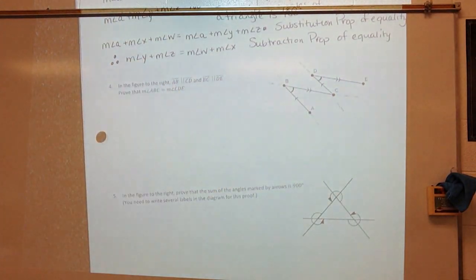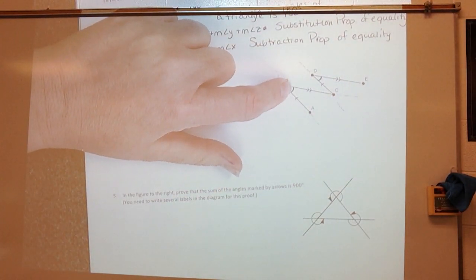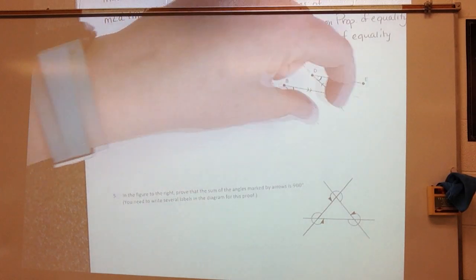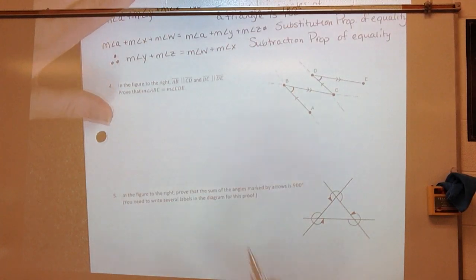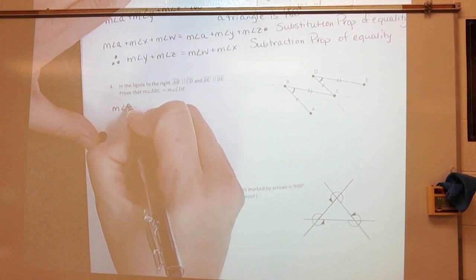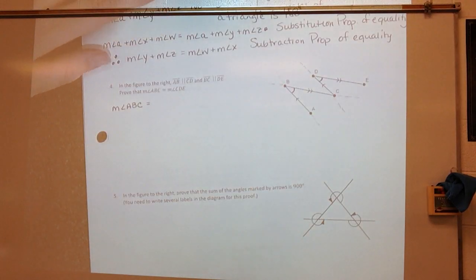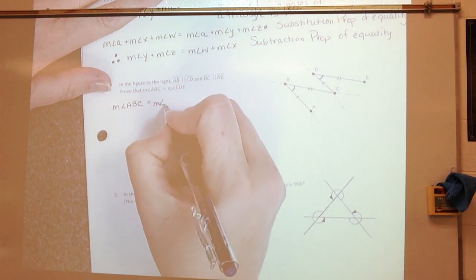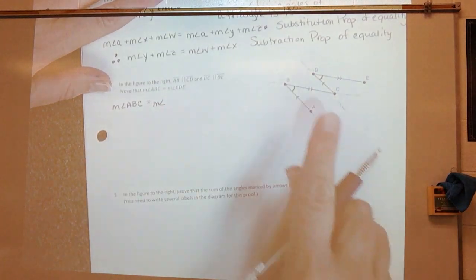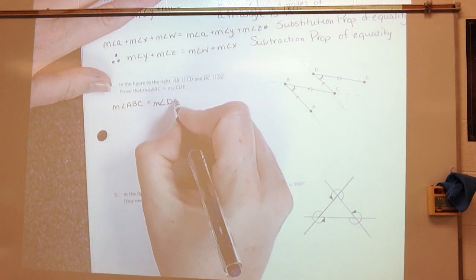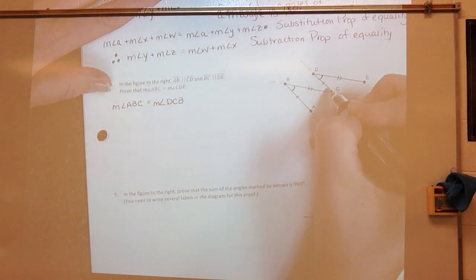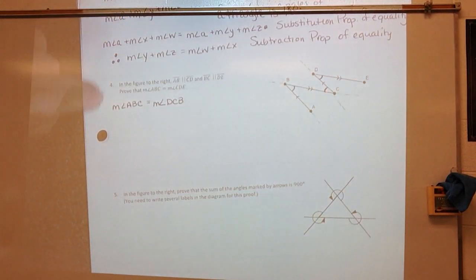So looking at this, what do I know? I'm dealing with the measure of this angle here. I know that the measure of angle ABC is equal to the measure of angle DCB. This angle. How do I know that?